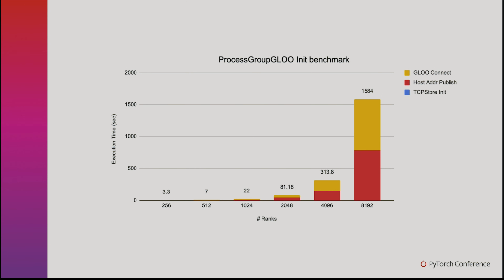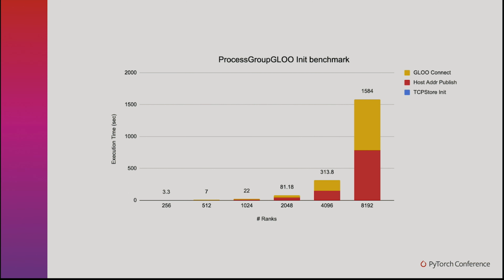Okay, so then for Gloo, we see that the curve doesn't look good, right? It's not linearly growing. So we can see the number here. For 8K ranks, the total initialization takes more than 20 minutes, like 25 minutes, like 1,500 seconds.